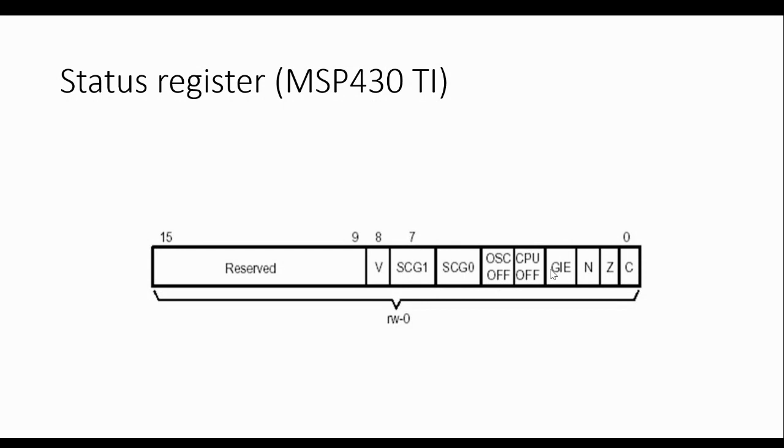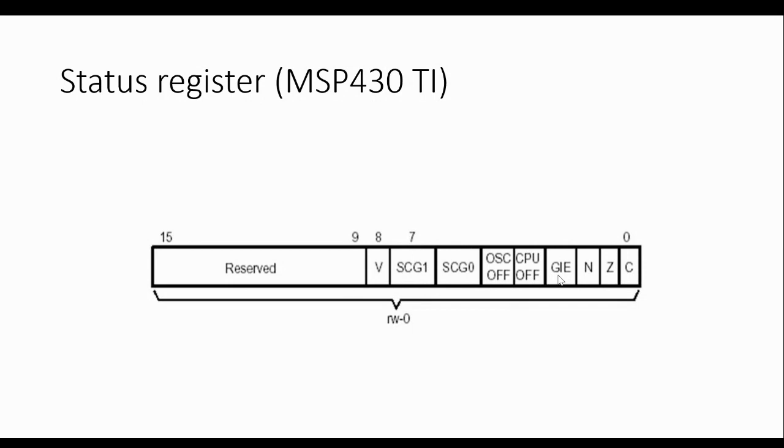Sometimes you might not want an interrupt, for example a pin interrupt or GPIO interrupt, and so on. The easiest way to disable all these interrupts is by setting this bit to 0. Normally 1 represents set and 0 represents reset in our microcomputer lingo.